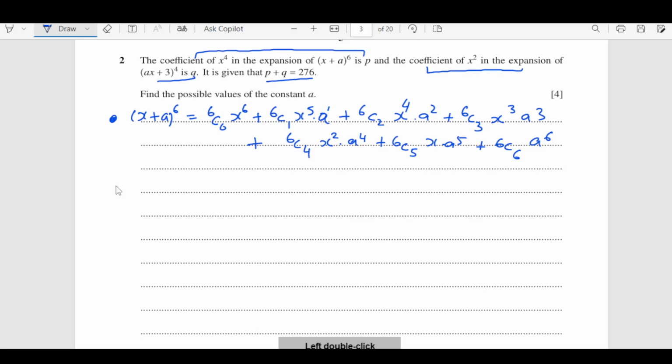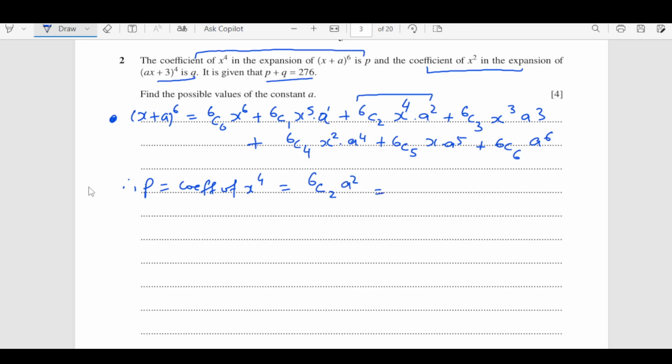So now we are looking for the coefficient of x^4. As you can see, there is nothing in the denominator, so x^4 is going to be from here. We are given that the coefficient of x^4 in this expansion is p. So p is 6C2 times a squared, right?